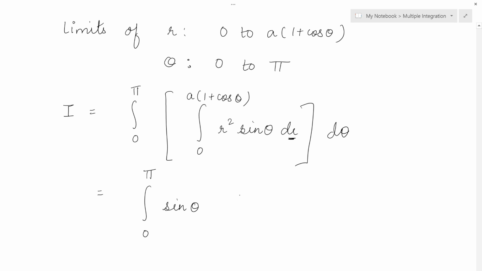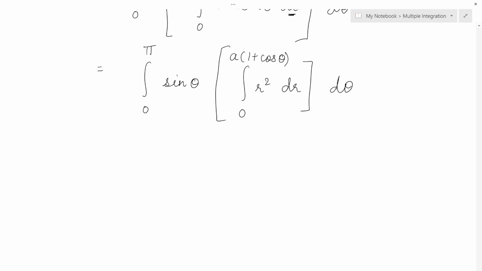So this is integration 0 to a into 1 plus cos theta of r square. So let me integrate this. The integration of r square is r cube by 3. So that will be sine theta and r cube by 3.